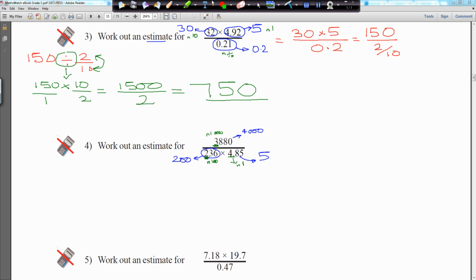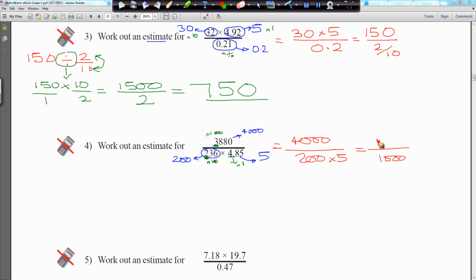Okay, here we go. So 3,880 becomes 4,000. And we have 200 times 5 at the bottom, which will give us 1,000.